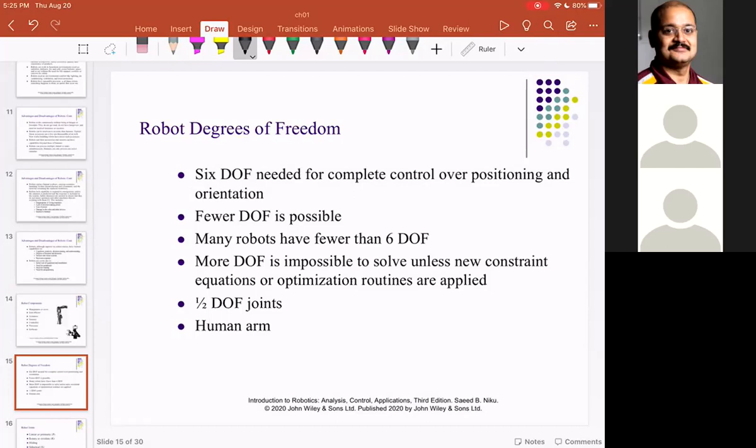DOF, or degrees of freedom, is the number of independent coordinates required to specify the state of the system.